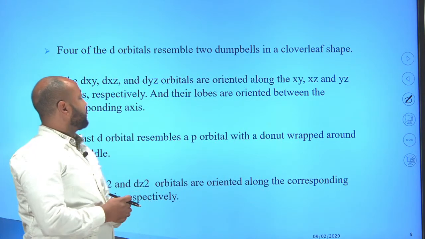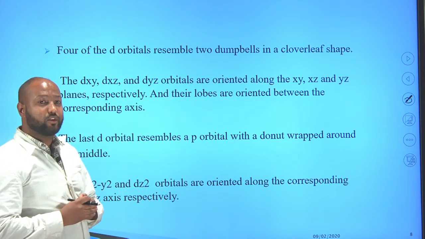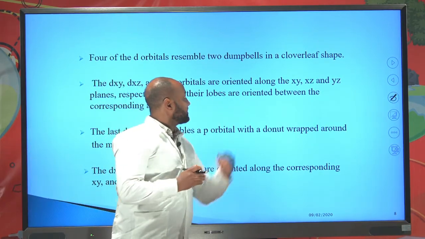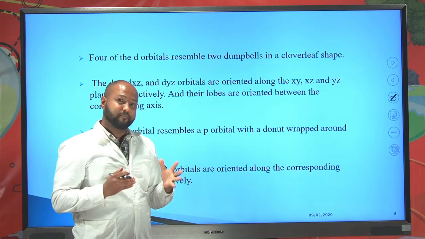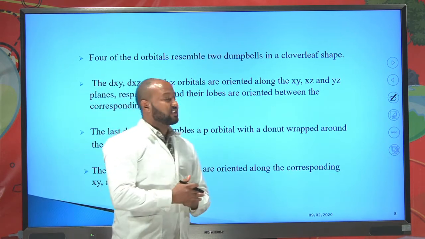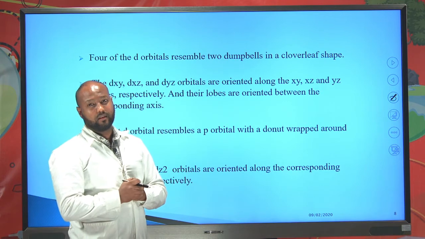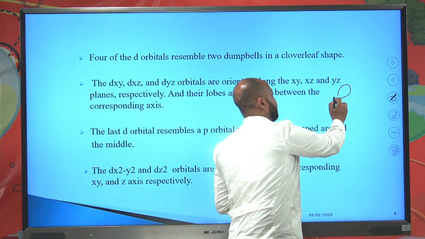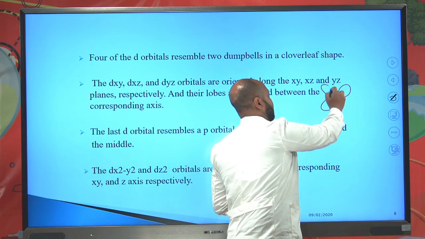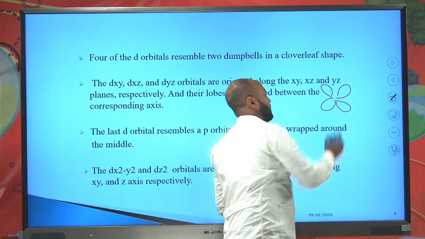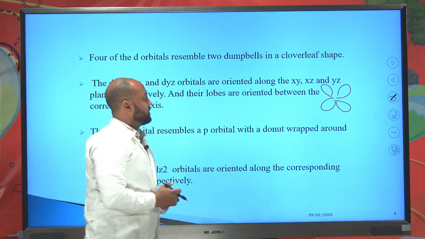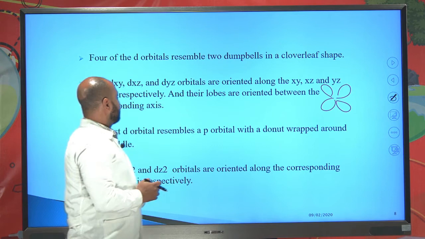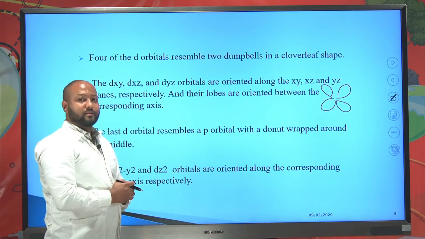What about the D orbital? The D orbital has the shape of two dumbbells, or we can say a clover leaf shape. It looks like this, a two-dumbbell shape.